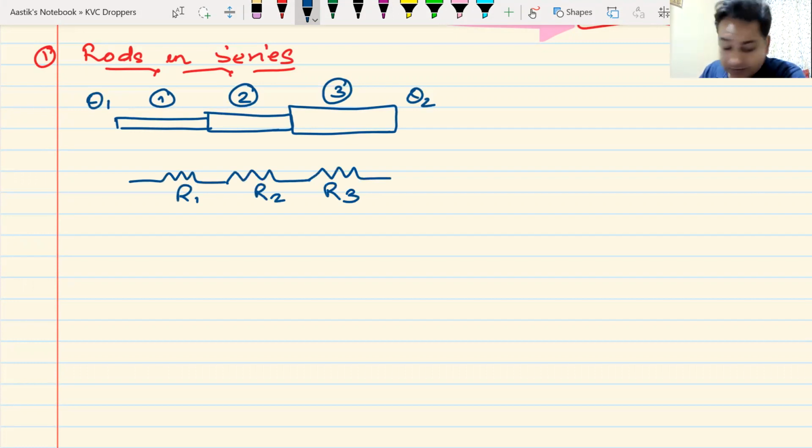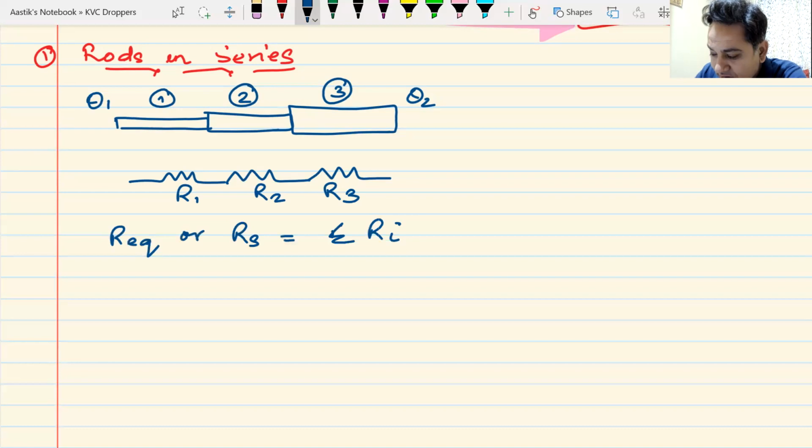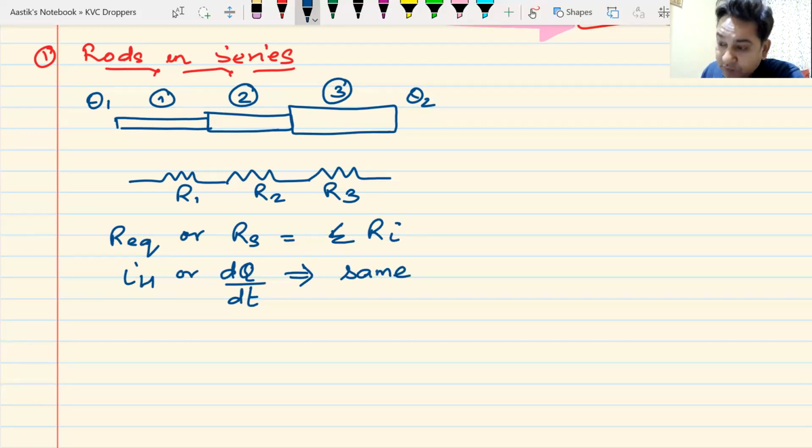We all know that in this case, these three resistors can be removed and I can have the equivalent resistance R equivalent, or R series, equal to the summation of Ri. Do we understand this? In this case, the heat current IH, or I can say dQ by dt, will be the same.